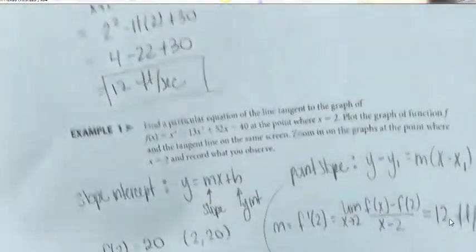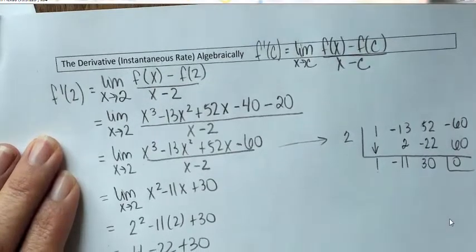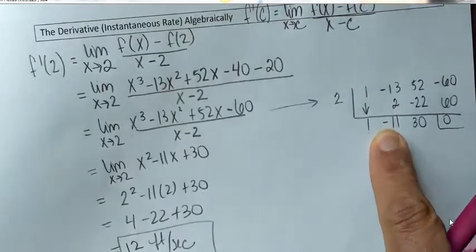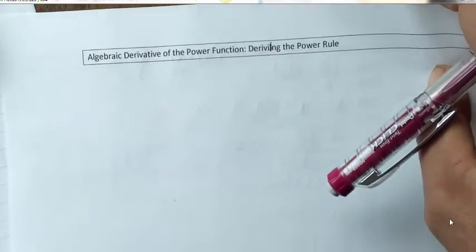This is a rule that's going to help you so that you don't have to, every single time you need to do the derivative, do a whole bunch of synthetic division. So this is going to be kind of a shortcut, but we're going to derive that shortcut. It's going to take us a little bit of time to derive.